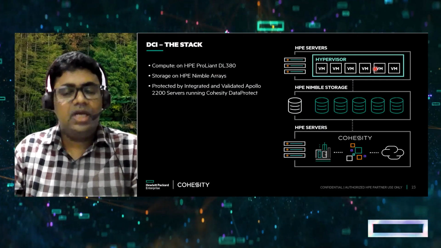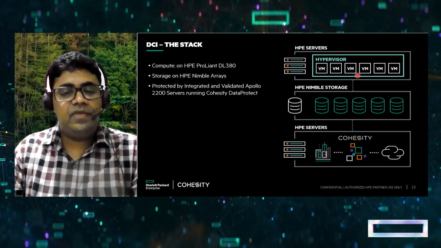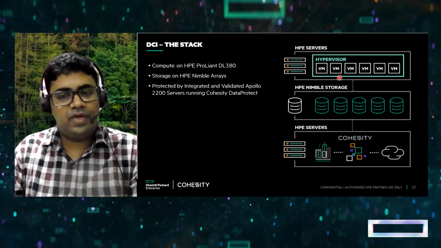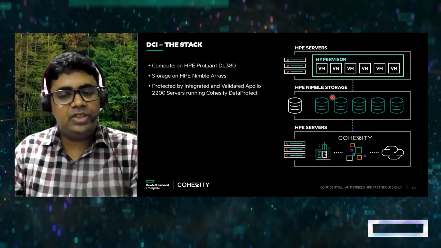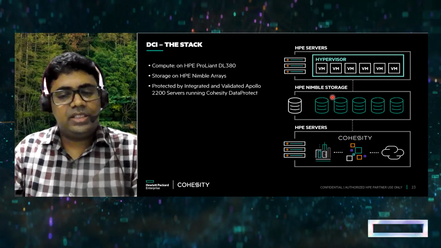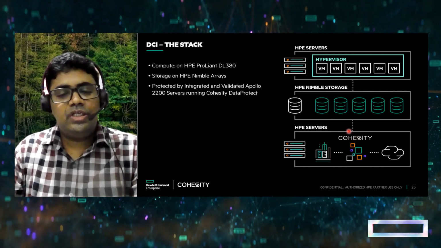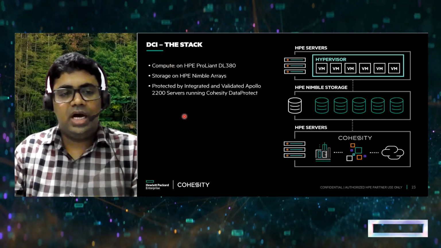It can be the Microsoft hypervisor Hyper-V, VMware ESXi, or the Nutanix AHV Acropolis hypervisor. Along with that, we can use HPE Nimble storage for the primary storage as well as secondary storage, and Cohesity can run on HPE servers. This is the one default architecture.